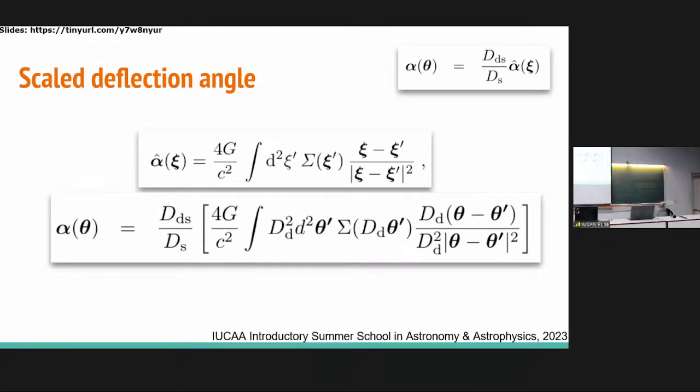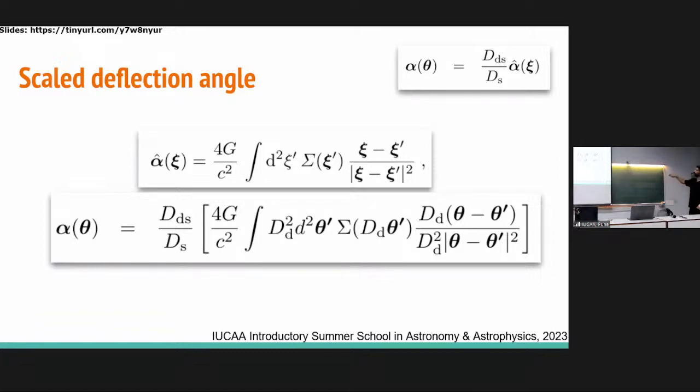Okay, so then we'll try to understand how to write this scale deflection angle. We'll try to make some simple substitutions in order to recast that scale deflection angle in simple terms. So let's try to do that. This alpha hat, you remember this equation that we had written down, 4G small dm by c squared divided by the impact parameter. So this is simple.